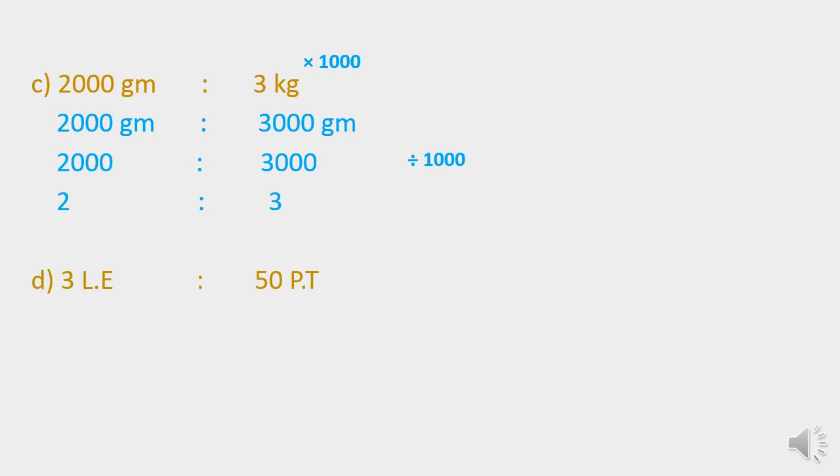Another example. 3 pounds, 250 piasters. We say that it's better to convert the greater unit to the smaller unit. Where is the greater unit? It's the pounds. To convert from pounds to piasters, we multiply 3 by 100. 3 by 100 equals 300 to 250 piasters.